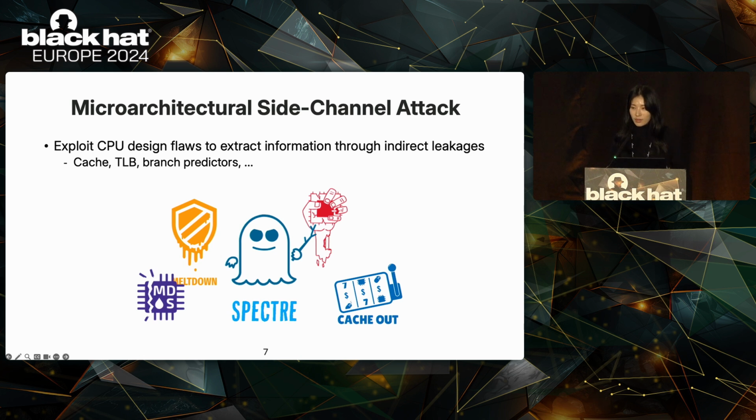So by carefully observing how these components behave, attackers can bypass traditional security boundaries, such as those between user applications and operating systems. Specifically, they capture subtle changes caused by the interaction between the CPU's hardware design and operating system's behavior to extract sensitive information.